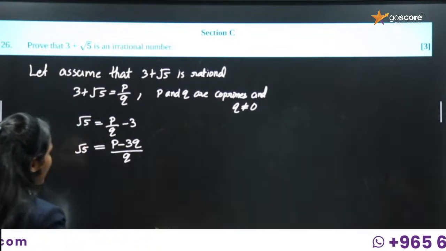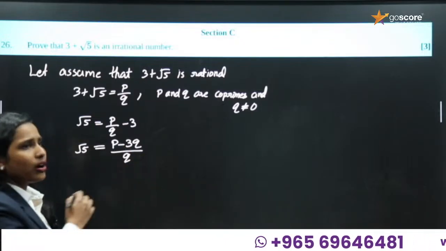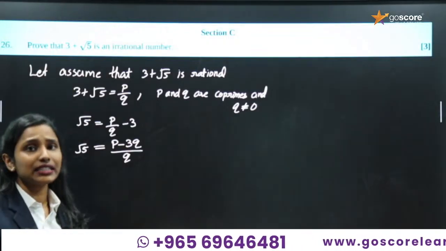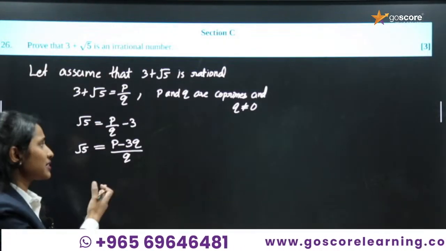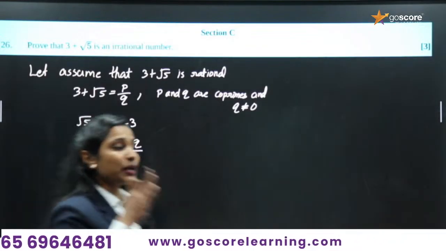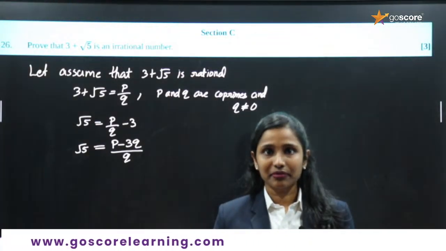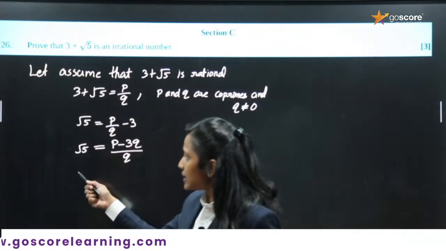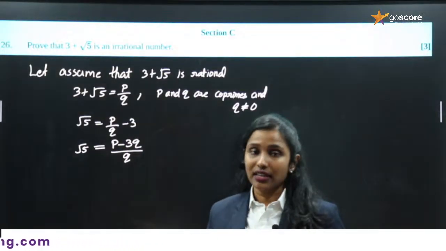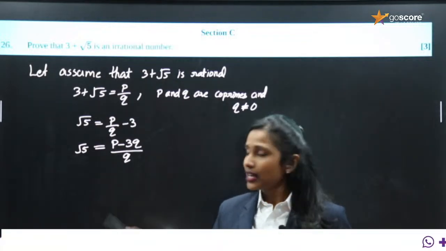And in the RHS we have p, 3, q and q, all integers, right? p and q are co-primes and 3 is an integer. So all are integers. That makes (p minus 3q) divided by q a rational number. So in the LHS it is irrational and in the RHS it is rational. There comes our contradiction. It is not possible.